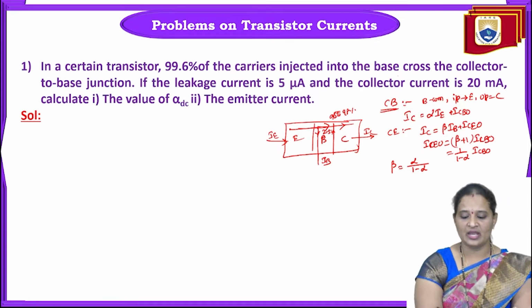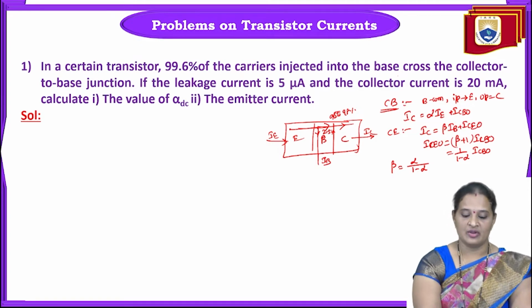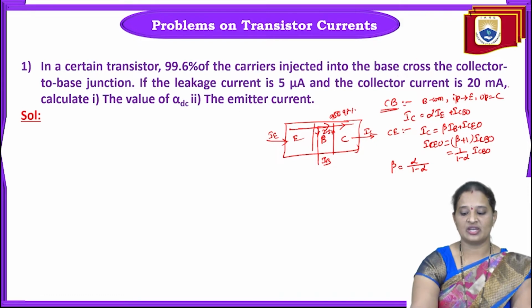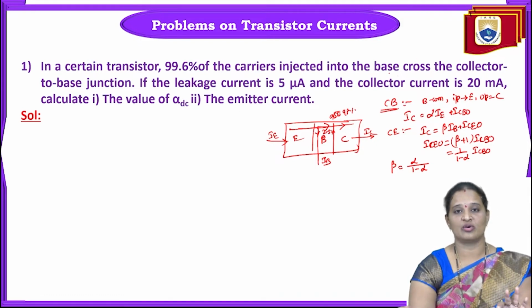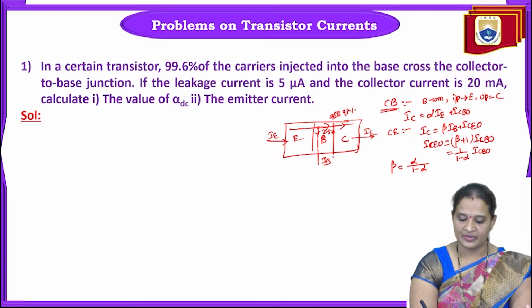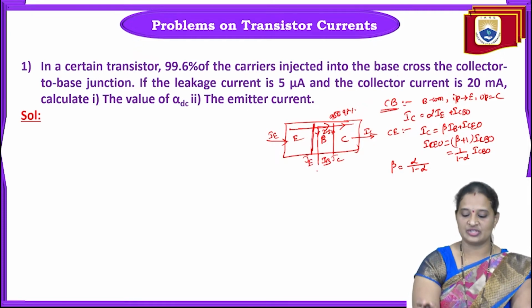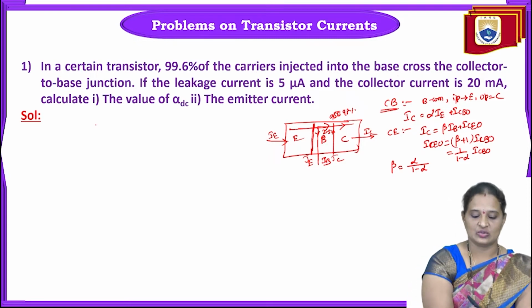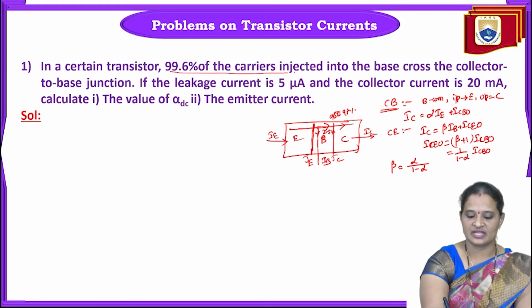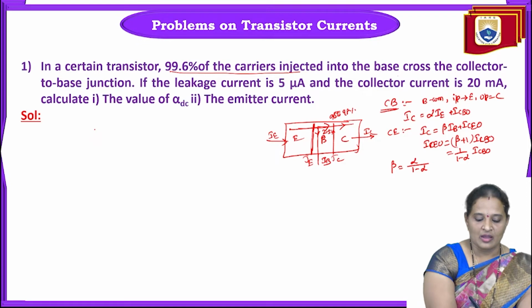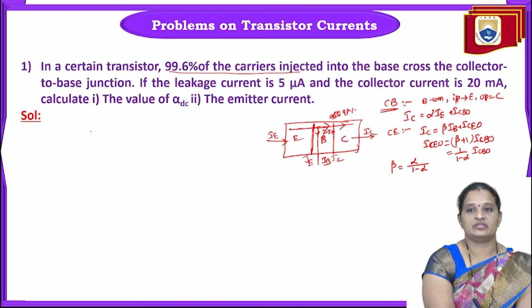So how many electrons are entering into the collector region? 99.6% of the carriers injected into the base will cross the collector. This junction is the collector to base junction. In short, we can also call it JC, the collector junction. And the junction between the base and emitter terminal is the emitter junction, which we can represent as JE. So the meaning of this statement is that only 99.6% of electrons are entering into the collector region.